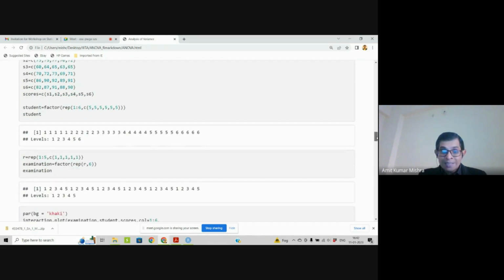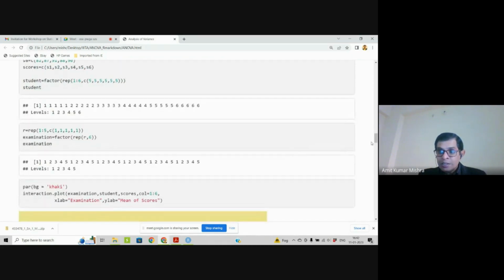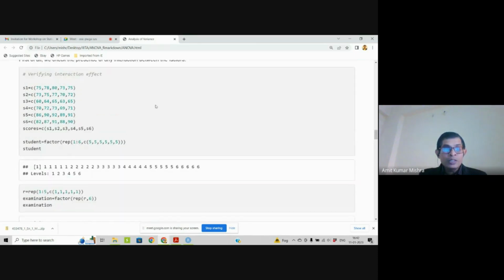Now, how do you define the second factor? See, if you focus upon this data, the second factor is examination. 75 is the first exam, 78 is the second exam, 80 is the third exam, 73 is the fourth exam, and 75 is the fifth exam. That means it should be 1, 2, 3, 4, 5, 1, 2, 3, 4, 5, 1, 2, 3, 4, 5, and so on.